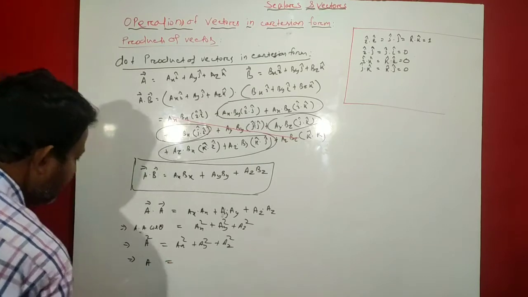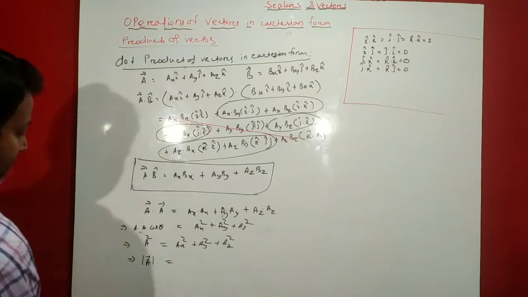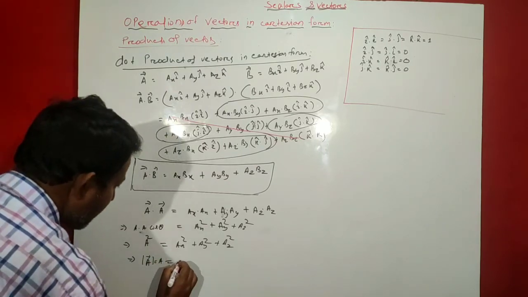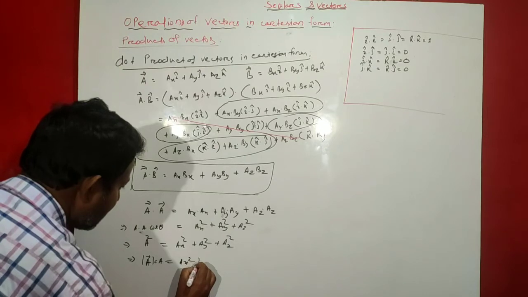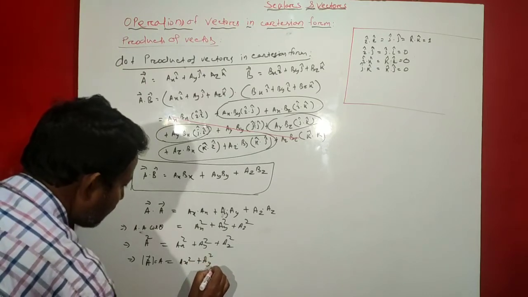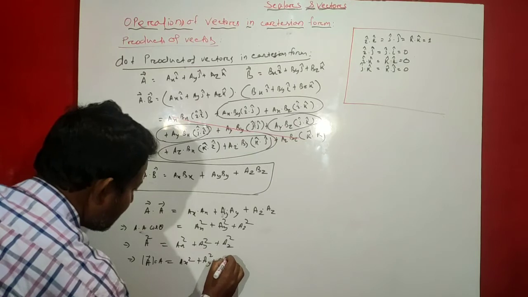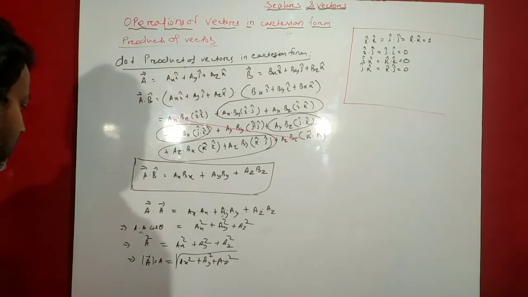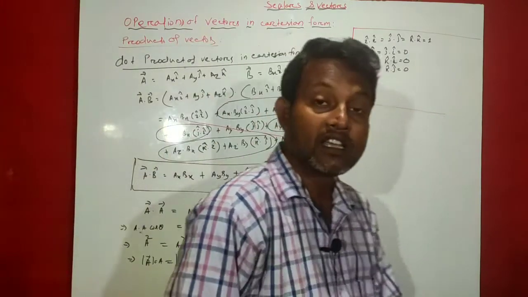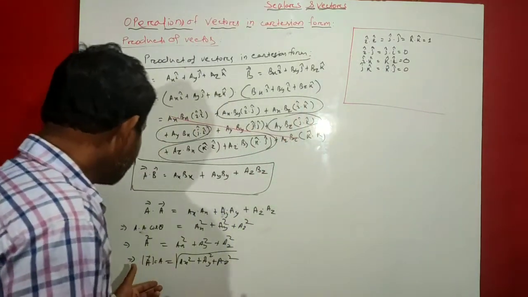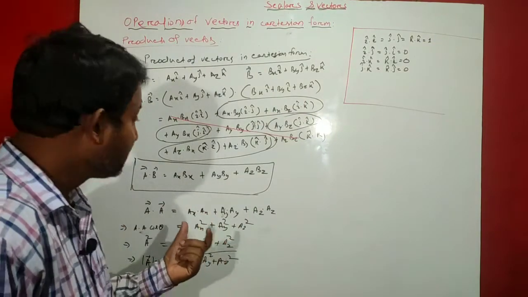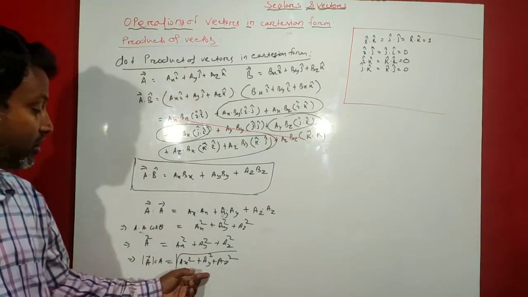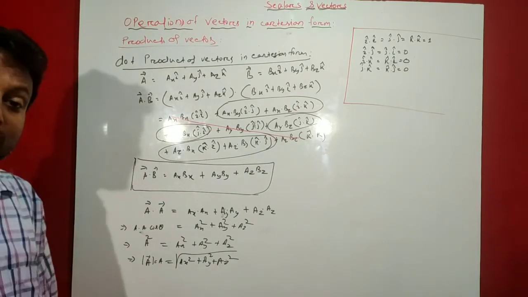So the magnitude of A is equal to the square root of ax square plus ay square plus az square. That means we can find the magnitude of a vector using the concept of the dot product of vectors.